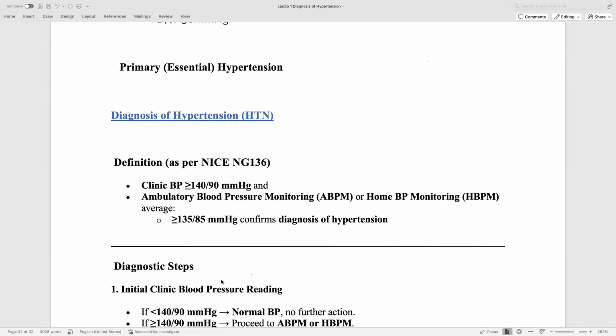So how will the patient come? A patient of 55 years old came to the clinic on routine checkup, on job checkup, on visa checkup. The blood pressure is found to be above 140/90. That means it may be hypertension.